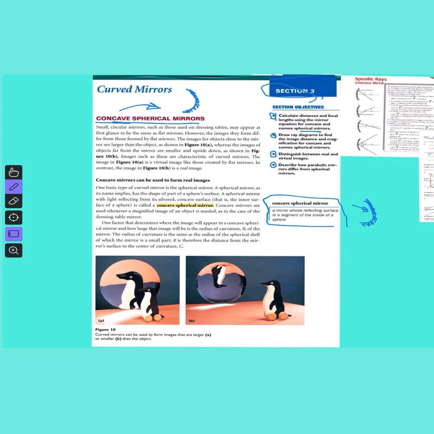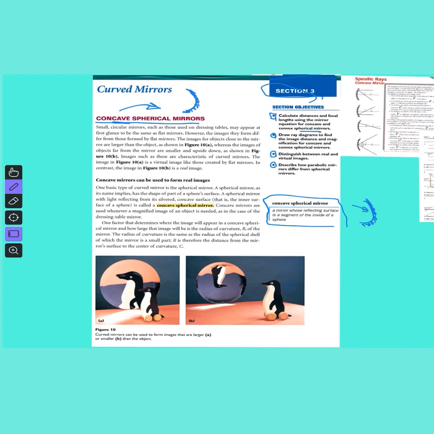Most of the time, this mirror will form a real image. We can have 6 cases, and in these 6 cases, 5 of them are going to make a real image, just 1 of them is going to make a virtual image.